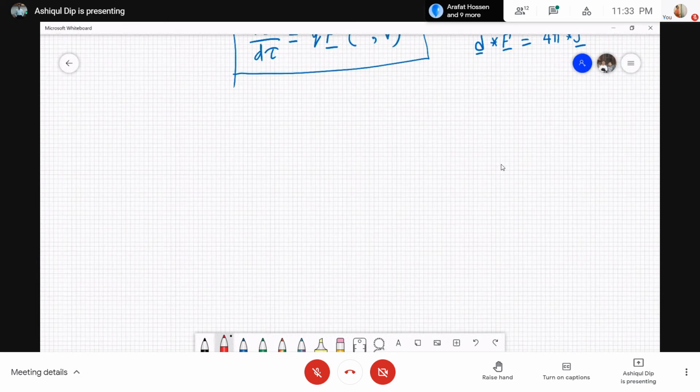They have just one direction. When we draw a vector like this, it represents just one direction. Similarly, for a one-form, when we draw like this, it's also representing just one direction, right?